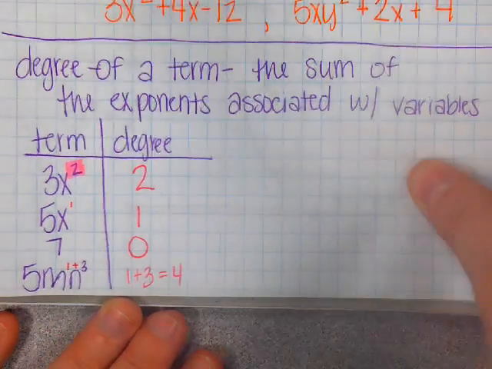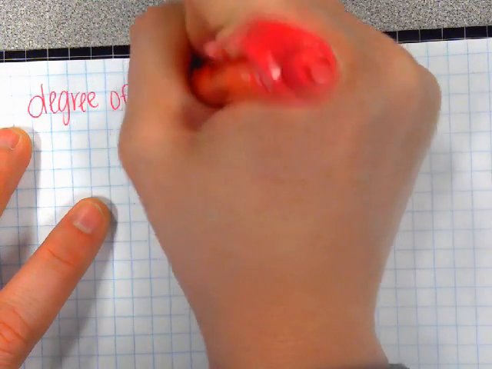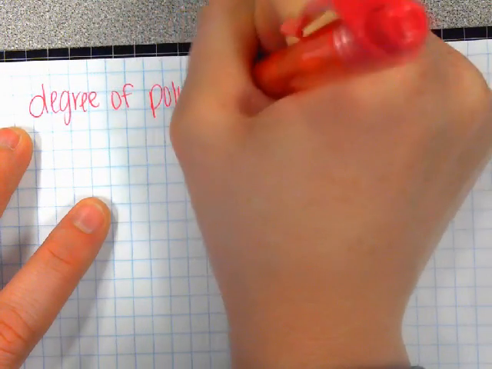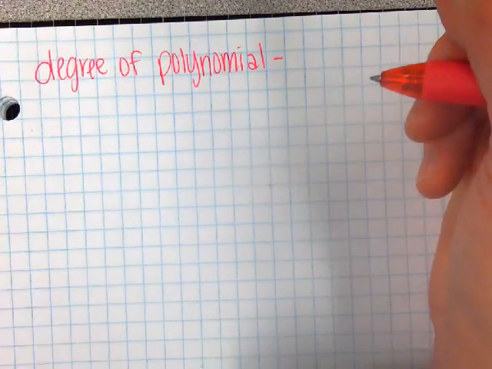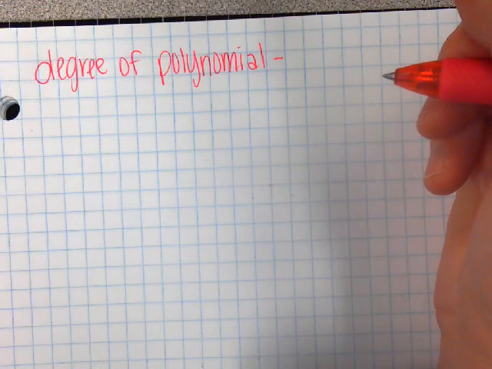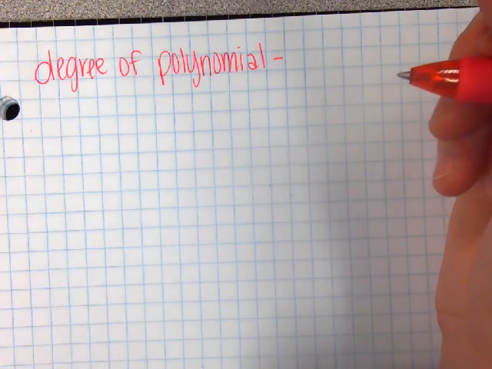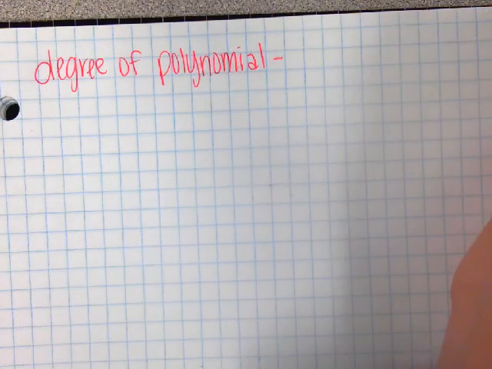Now, the reason we talk about degrees of a polynomial is because the degree of an entire polynomial decides what the parent function is. So if you just have a 3x, then that would be linear.